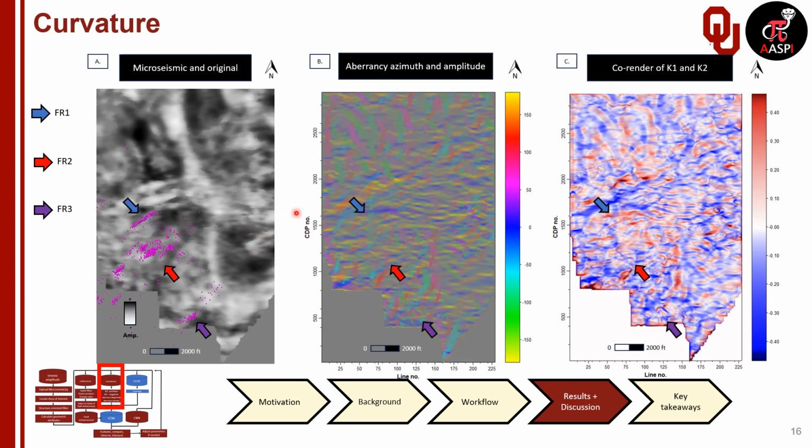Getting into curvature, we look at K1 and K2 as before, and then co-render K1 and K2. What's important about these regions is that you could potentially see some remnants in this area, but that could be due to bias, as we saw earlier. An important part is that curvature and variance bring out areas where coherence is not.